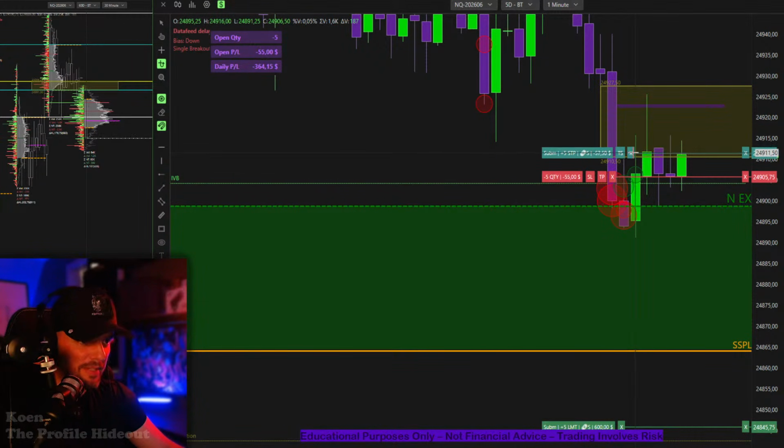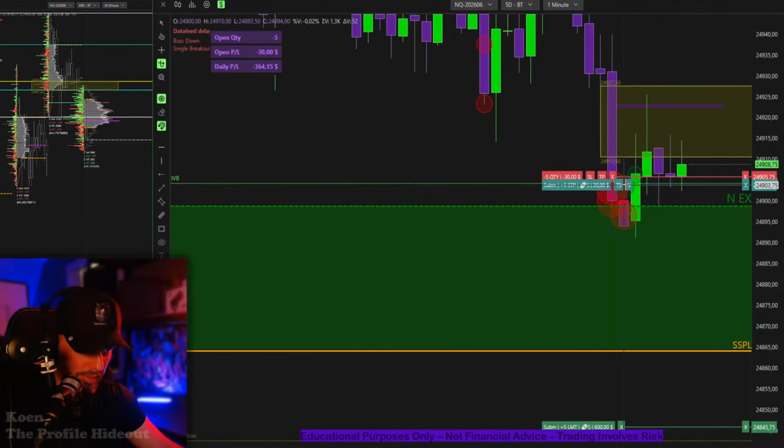Kind of debating to put my stop closer because I'm not a fan of what's going on here. Was anticipating somewhat more aggression down.